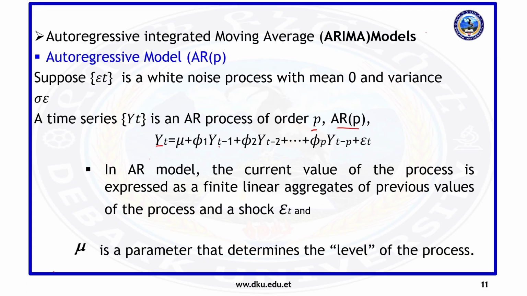That means Y_{t-1} is the previous value, Y_{t-2} is the value before that, up to Y_{t-p}. Mu is the symbol of the mean, a parameter that determines the level of the process.